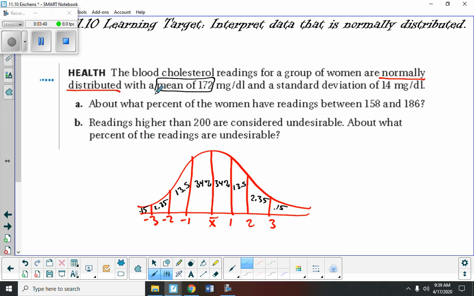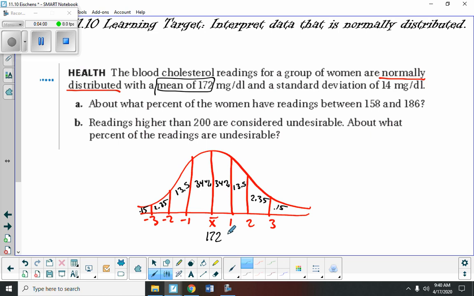Now we're going to take the data from this specific problem. The mean is 172. A standard deviation is 14 units from the mean. So if we go up 14, that would be 186.